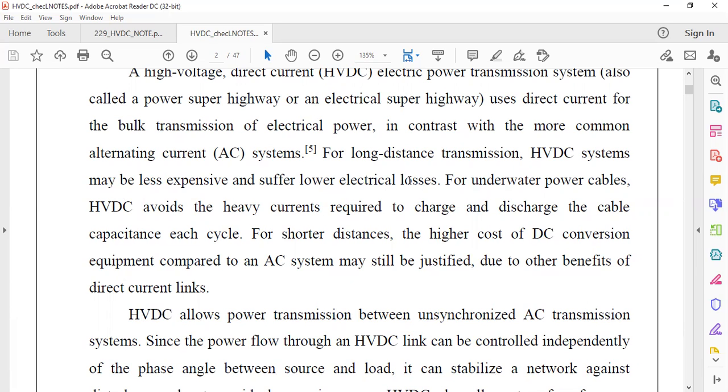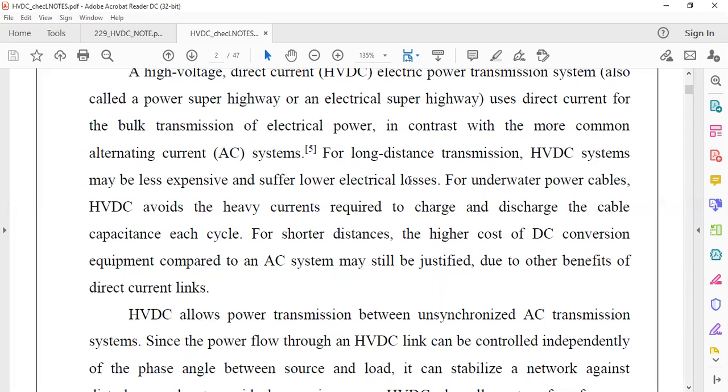For short distances, an HVDC transmission system has high expenses. This is one of the disadvantages of HVDC transmission, because of the technical equipment used in this system, such as the rectifier unit. But for long distances, above 500 kilometers, an HVDC system is much less expensive.